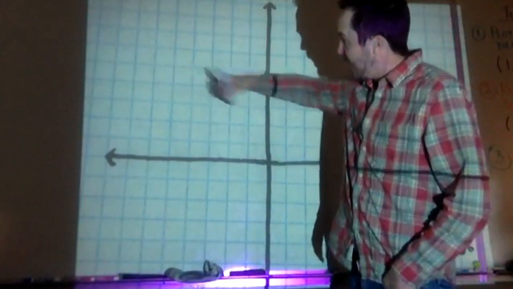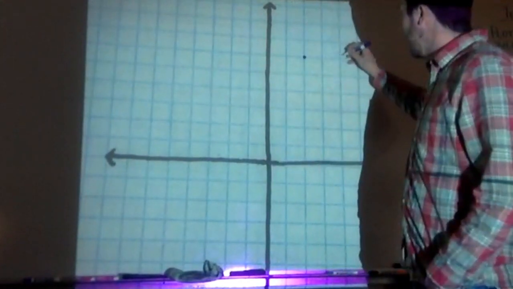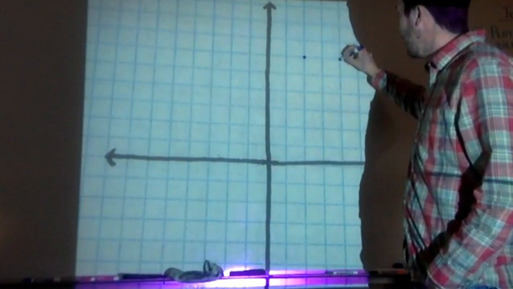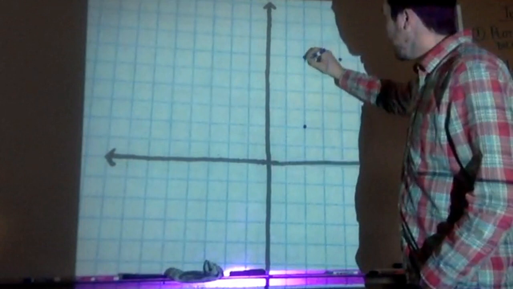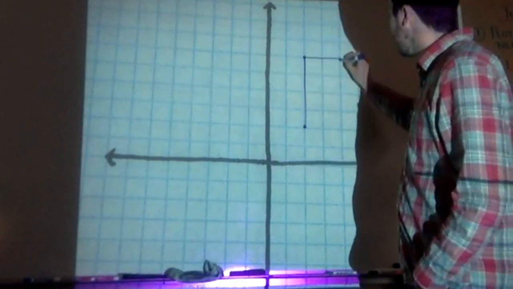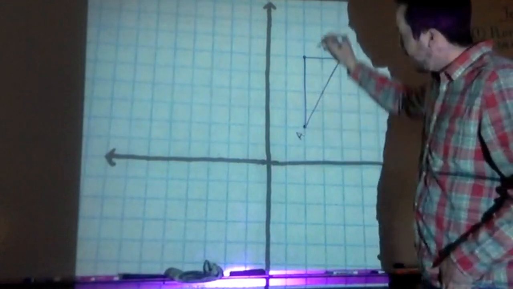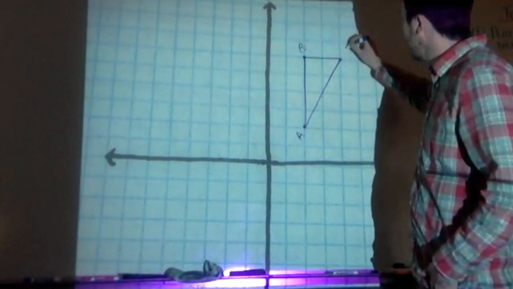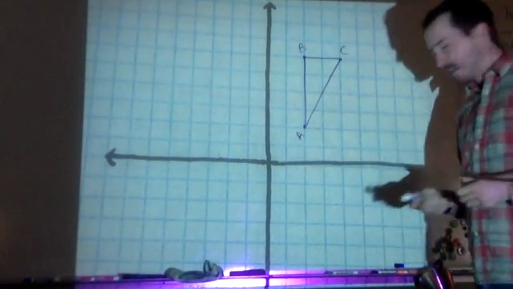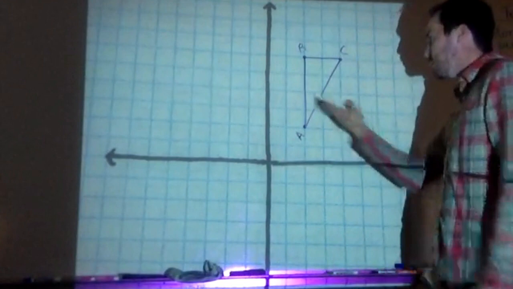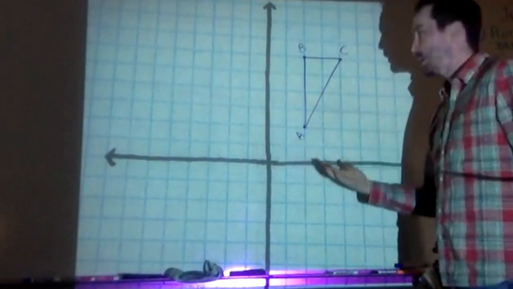So say I have, let's just put a shape here. We have this triangle, A, B, C. What a translation is going to do is tell us to move this shape somewhere on our graph or coordinate plane.